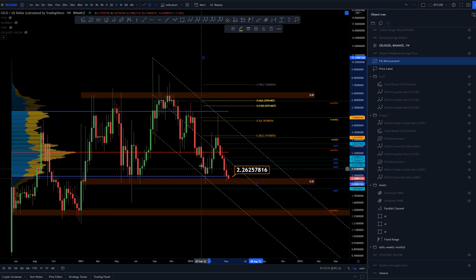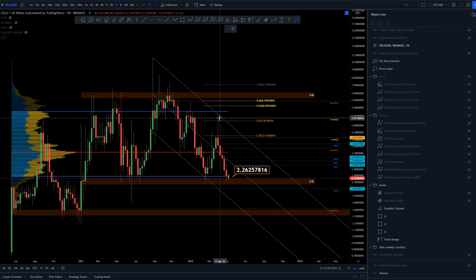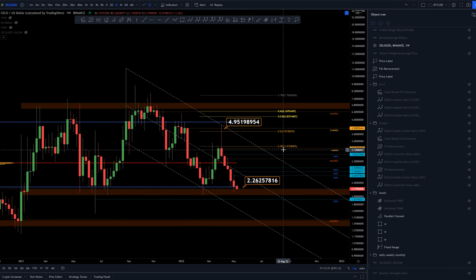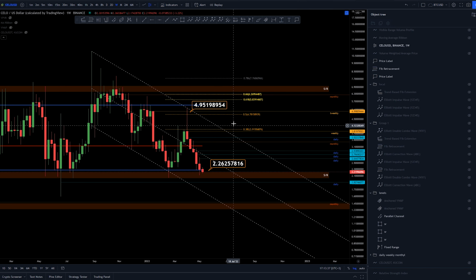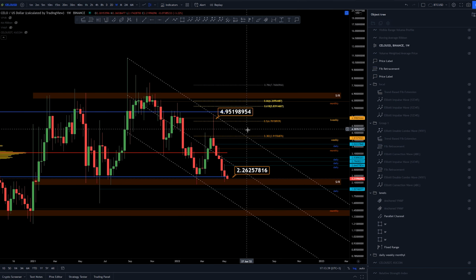We have already gone up to the 38.2 before dumping down, and then another leg up into this weekly level, establishing this channel as well. So this weekly around the $5 area is now a resistance area. If we are going there, we would need to get out of this channel, which is definitely some kind of resistance as well.